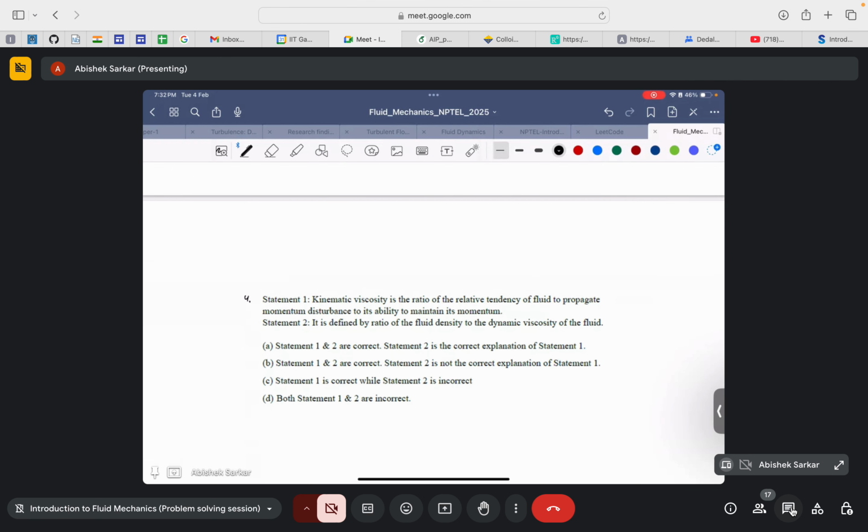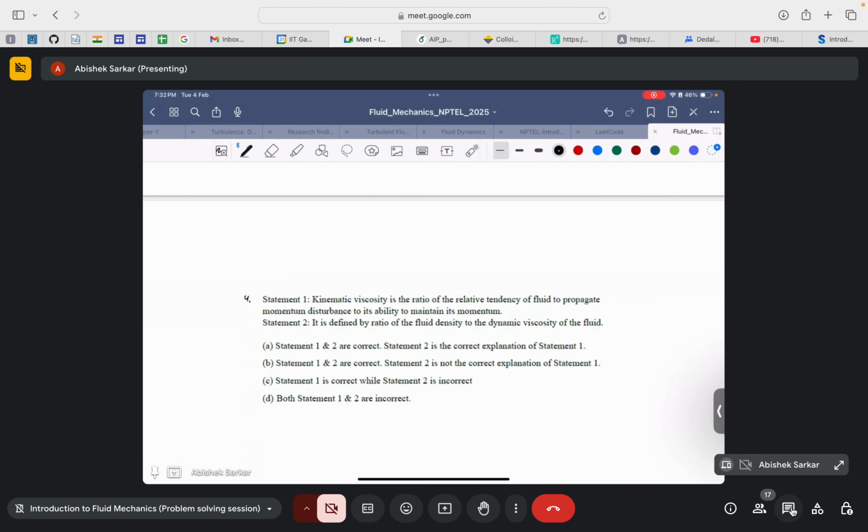But to define kinematic viscosity, they will explicitly mention that they're discussing the kinematic viscosity. So kinematic viscosity is the ratio of the dynamic viscosity over the density of the fluid. So in that case, statement 2 becomes incorrect.